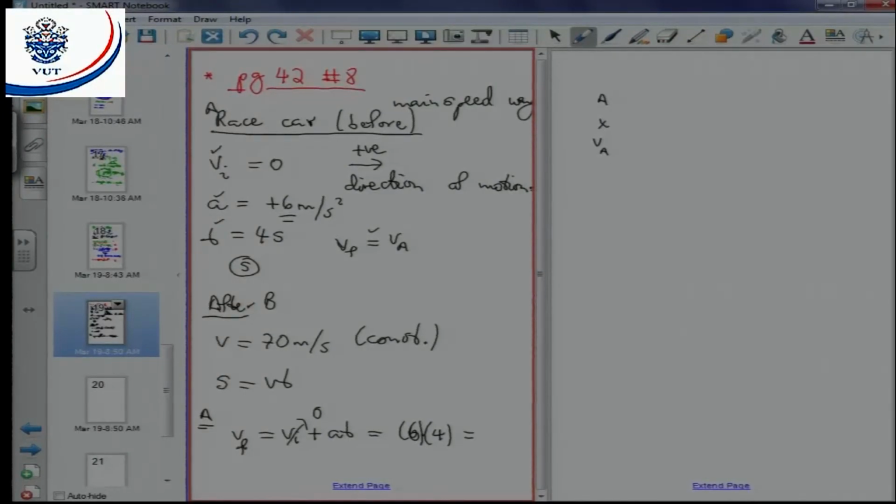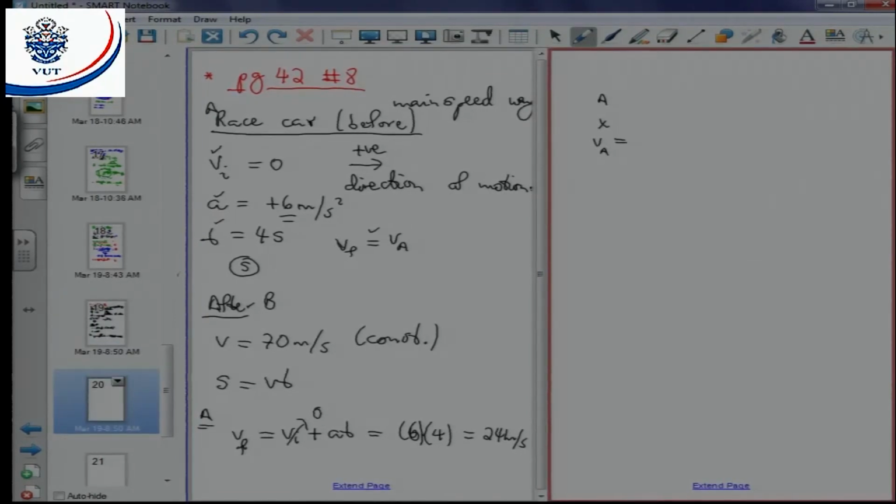So then we just get 24 meters per second. So we know that the speed at which car A enters the main speedway or the main track is 24 meters per second.